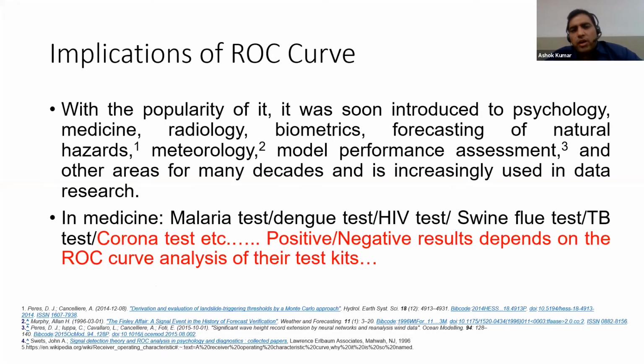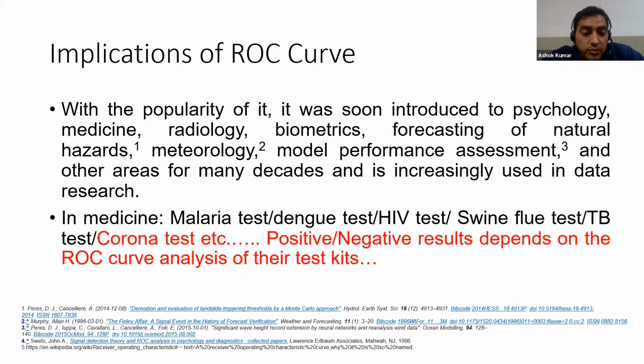So, the implication of the ROC curve. With its popularity, it was soon introduced to psychology, medicine, radiology, biometrics, forecasting of natural hazards, meteorology, model performance assessment, and other areas. In medicine, like the malaria test, dengue test, HIV test, swine flu test, TB test, corona test, etc., their positivity and negativity results depend on the ROC curve analysis.